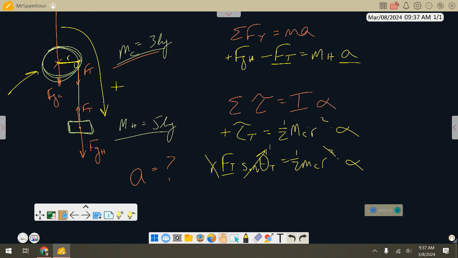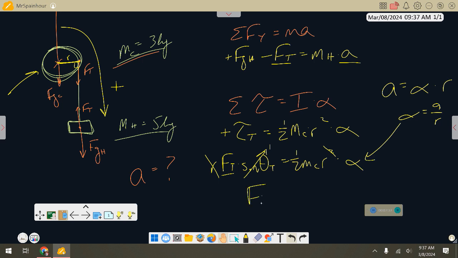Luckily for us, there's a nice relationship between acceleration and angular acceleration that we discussed last chapter, and that is regular acceleration is equal to angular acceleration in radians per second times r. So I am just going to solve this. Alpha is equal to a over r, doing the algebra of that, and substitute that right in there.